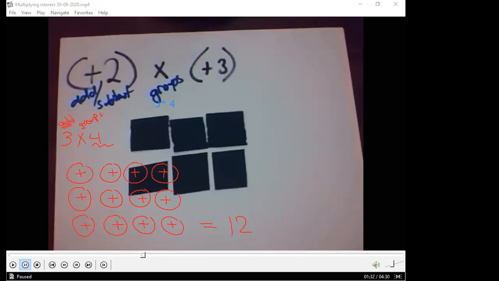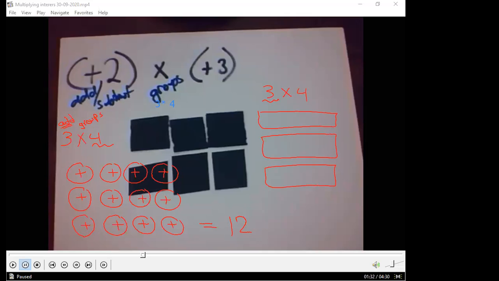Okay. Then again, the first number tells us how many groups. In this question I said 3 times 4, right? This is positive, so I'm going to prepare 3 groups. First group, second group, third group.